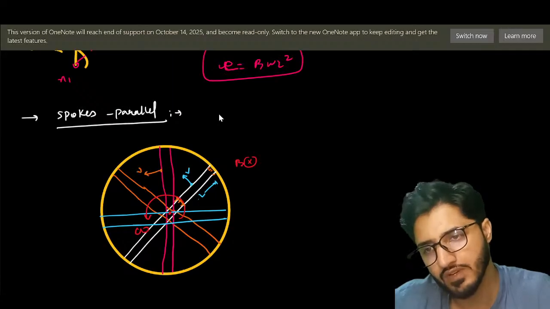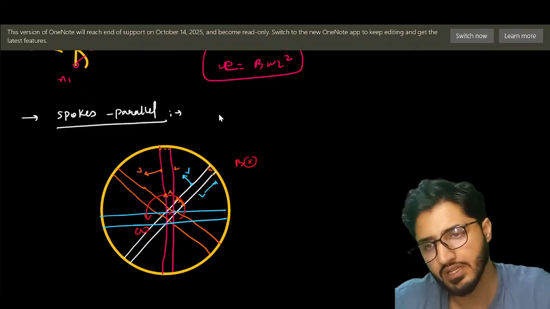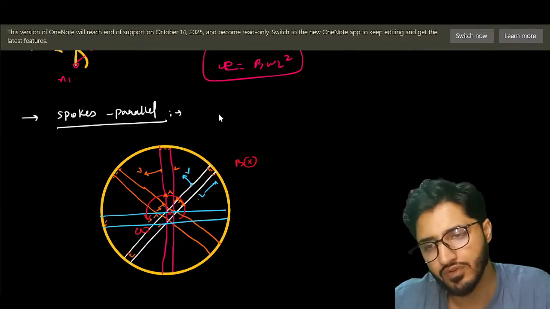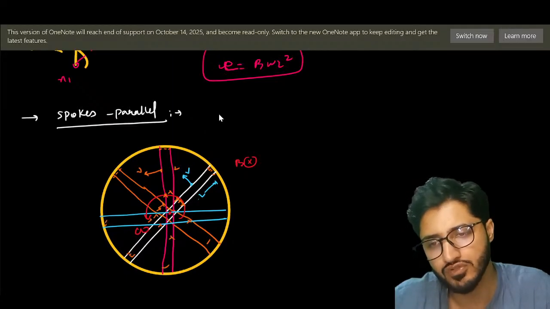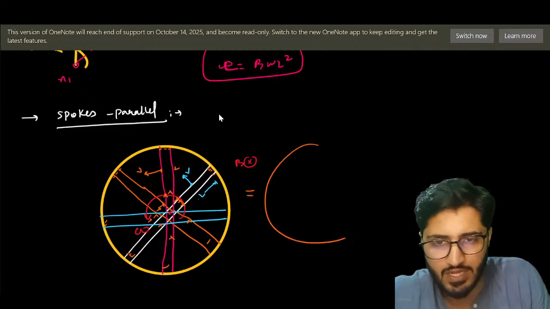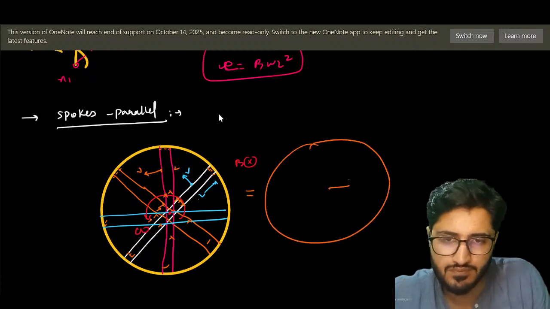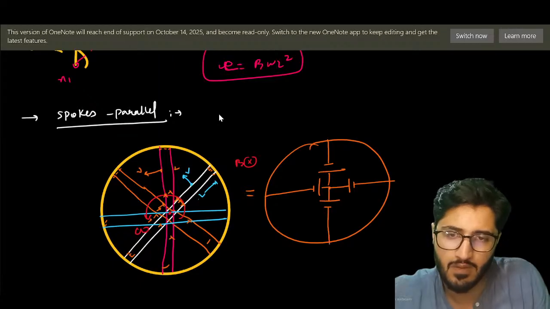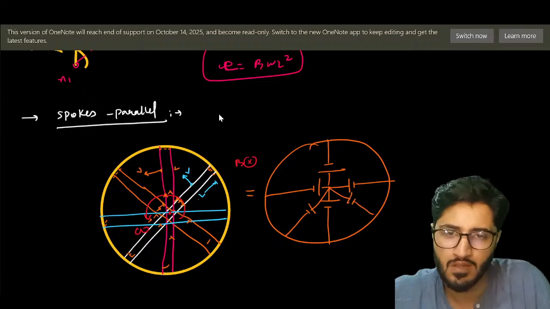V is in this way, L is same, so positive here, negative here. Same for the others: negative will accumulate here, positive here. Negative, positive, negative, positive. I can make it like this now. Look now.